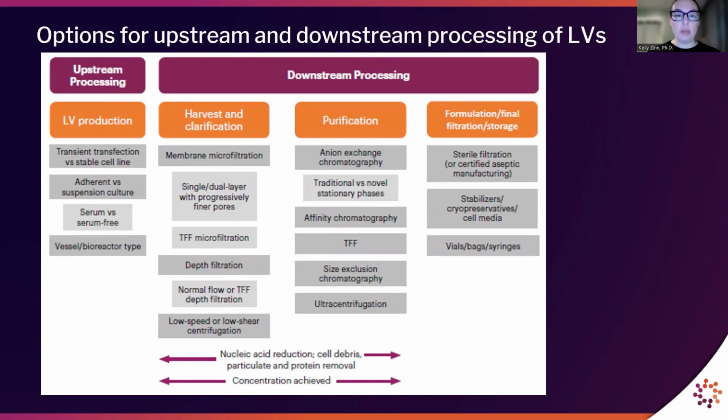Finally, common formulation buffers for lentiviral vector include HEPES, histidine hydrochloric acid, both resistant to pH drift with temperature changes, Tris, or phosphate buffered saline. Recombinant human serum albumin may be added to the final formulation to promote stability, and sugars can act as cryopreservatives and osmolarity regulators.